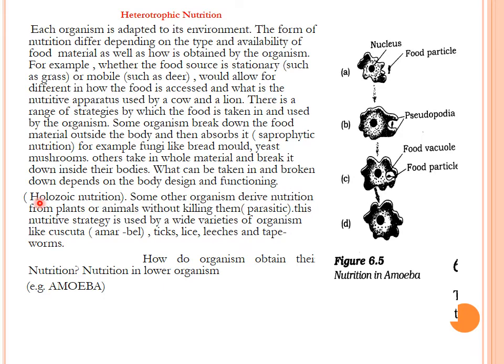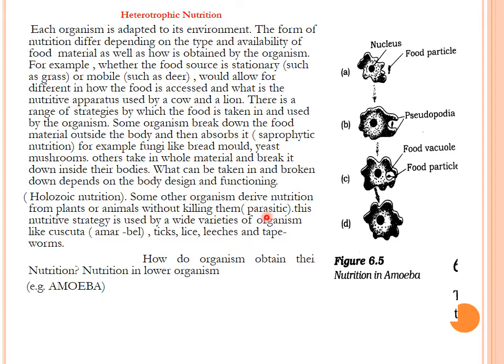On the other hand, another heterotrophic mode is parasitic mode of nutrition, in which organisms are called parasites. You know what parasites are? I'm sure you all know. Parasites are organisms that live inside or outside another organism's body to take nutrition.